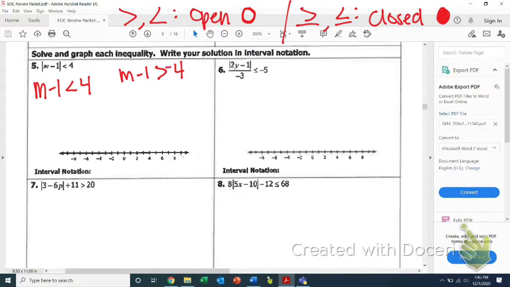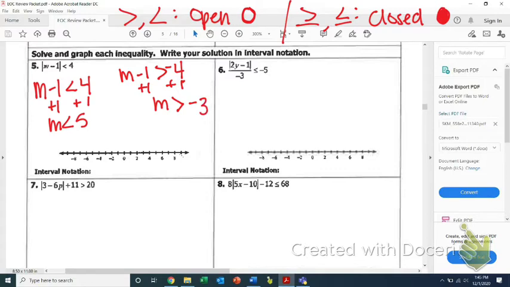So on inequalities, not only do you make your answer positive and negative, but you also have a greater than and a less than, okay? On the first one, you just solve. So plus 1, M is less than 5. Plus 1, M is greater than -3.